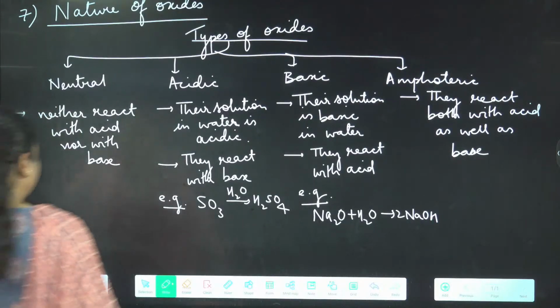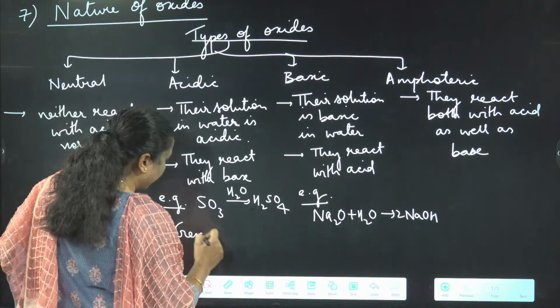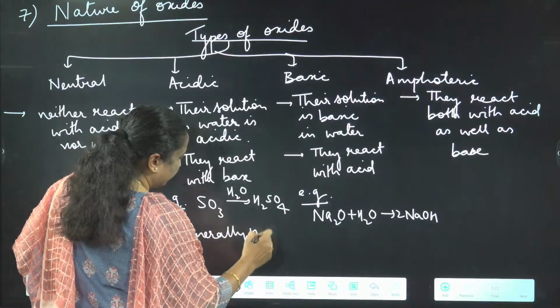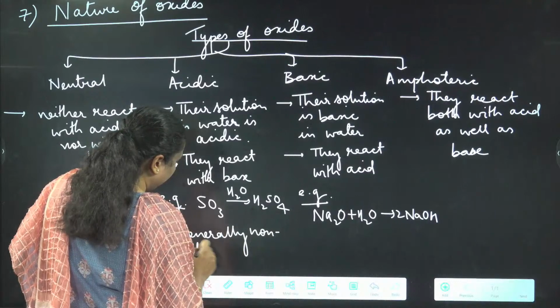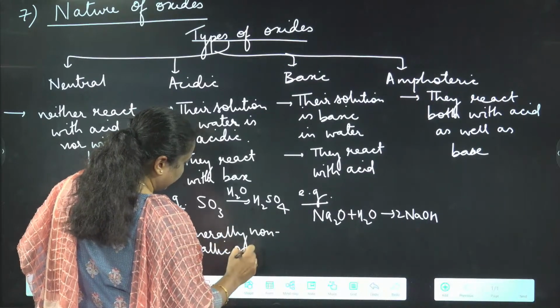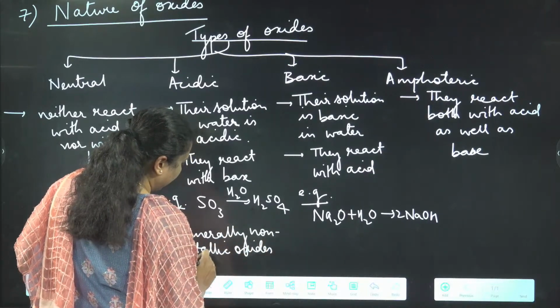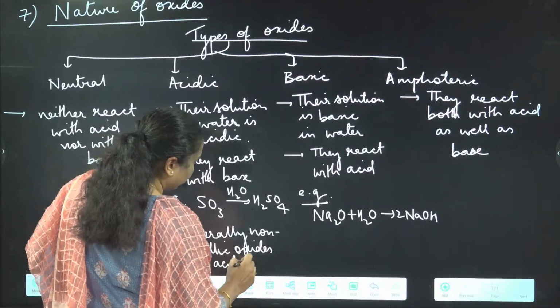If you want to write here, you can easily write that generally non-metallic oxides are acidic, and we are writing generally, okay?